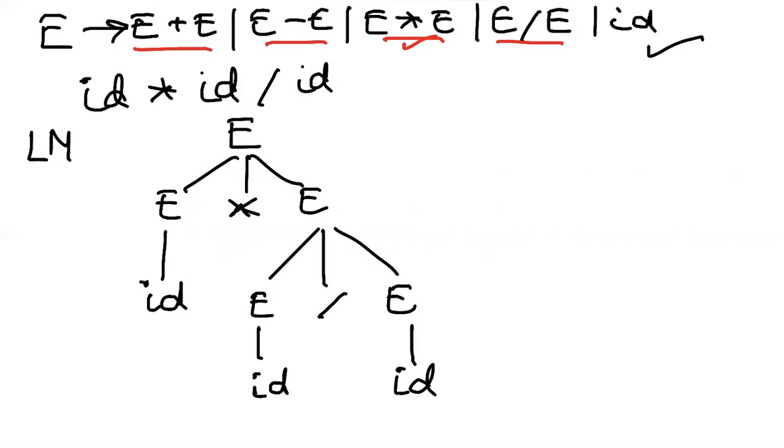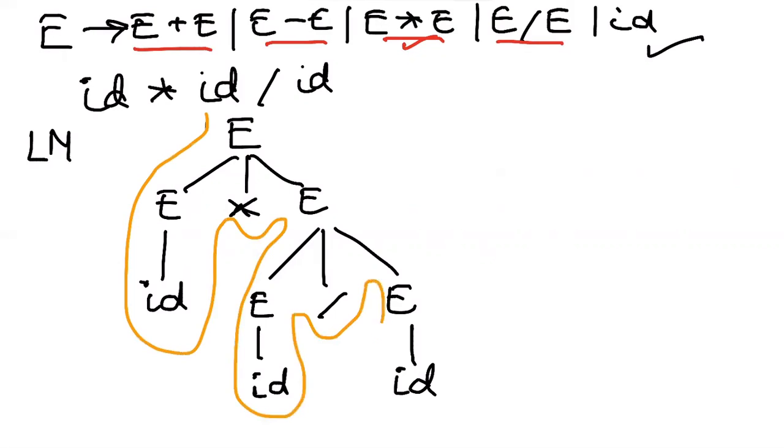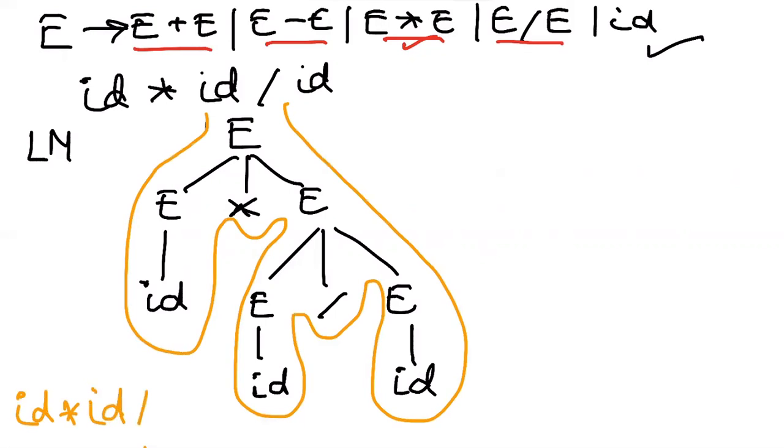So if you traverse this tree, you'll find something like this. All the leaf nodes, if we write it down, I'll get ID into ID divided by ID. Okay.